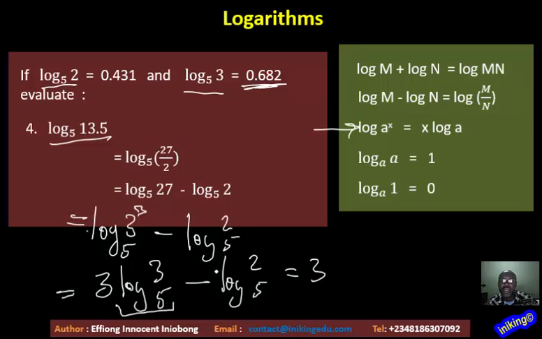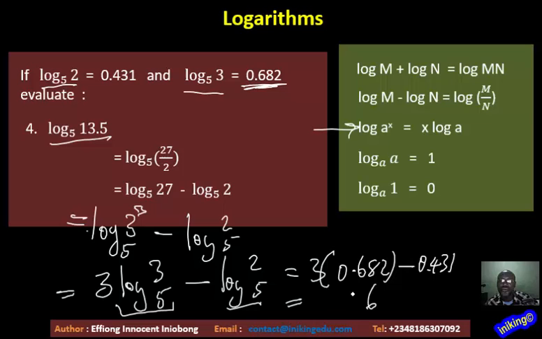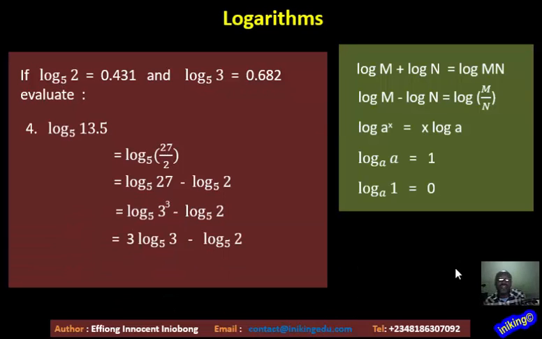So I'll throw this away and bring in 0.682 minus log of what? 2 base 5, that is this, and that gives me 0.431. And we simplify there. 3 times this will give me 6, 24 take 2, 18, 19, 20, if I'm not mistaken, minus 0.431.